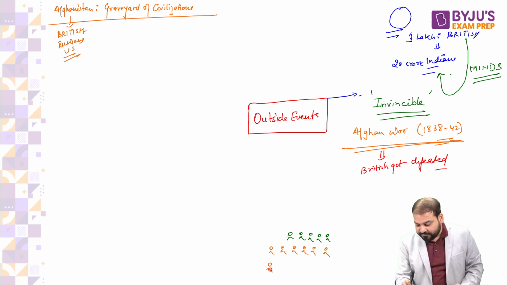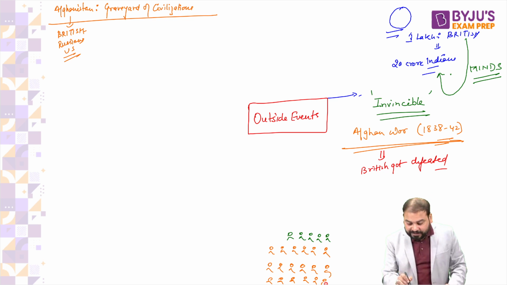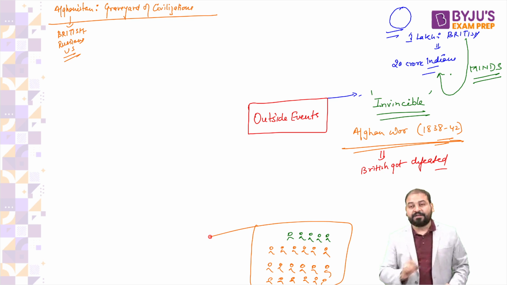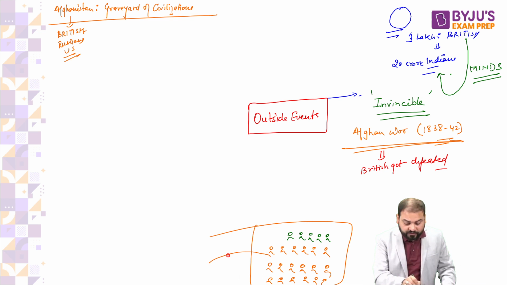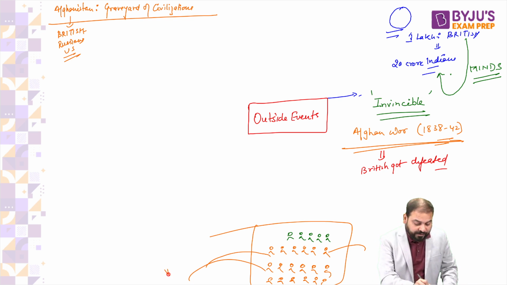The green one is British and the orange ones are the Indians. And when these people returned after getting defeated, all these orange people went to their villages.